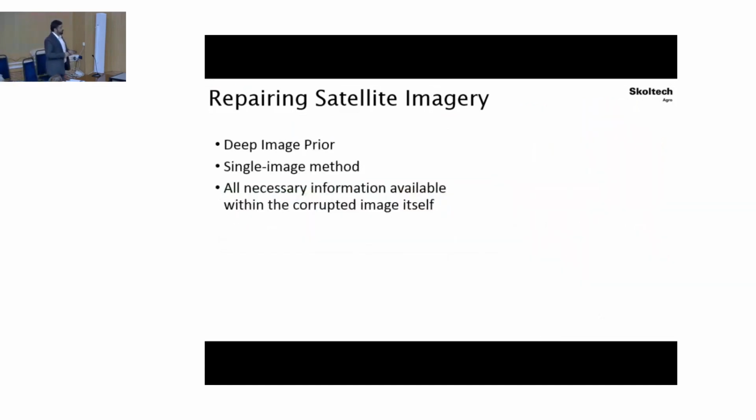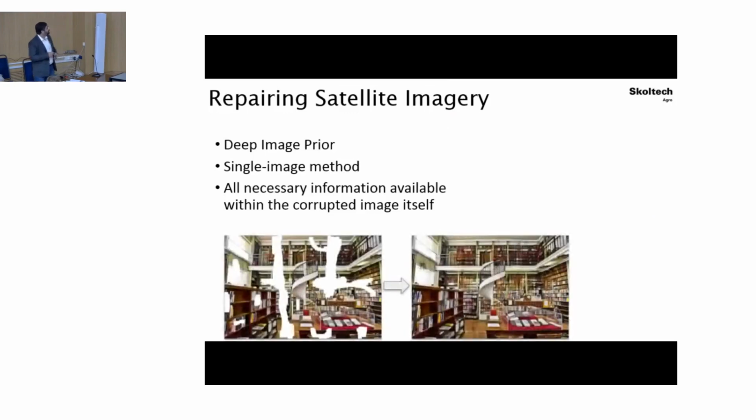So we came across this method developed at Skoltech for restoring old pictures, photographs. And it is called deep image prior. So if you have old damaged pictures which you have scanned, how can you fill them in? Right? So these guys said that all the information necessary is contained within the image. You don't really need an image from before and an image from after.